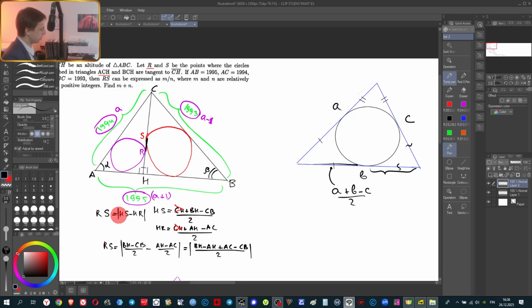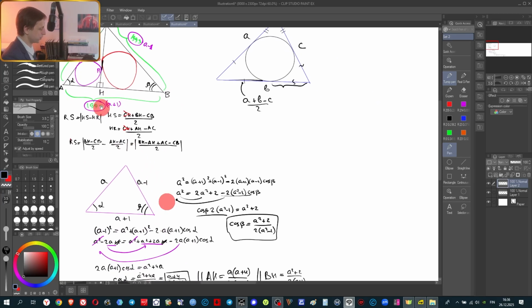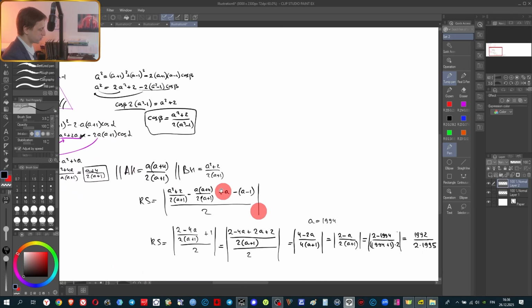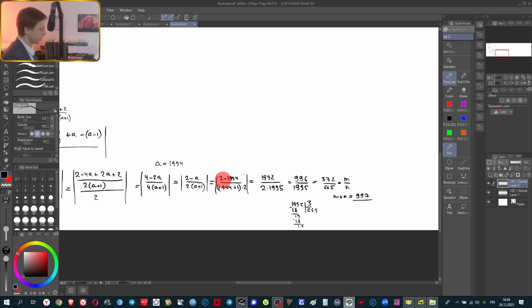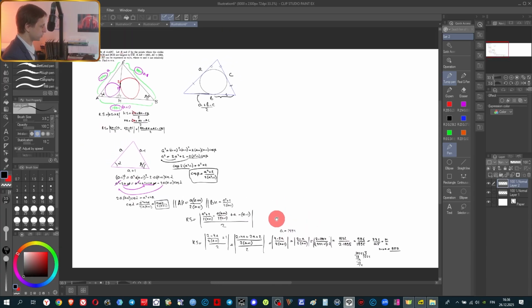Don't forget about the absolute value, because you don't know which segment is longer and which one is shorter. And after that, if you do everything correctly, you will get the simple answer in terms of a. It will look like this. And after that, you will be able to quickly substitute numbers and find that m plus n is 997. So this problem is fully solved.